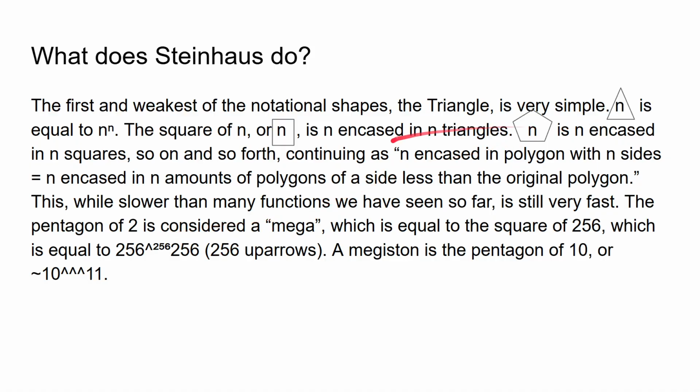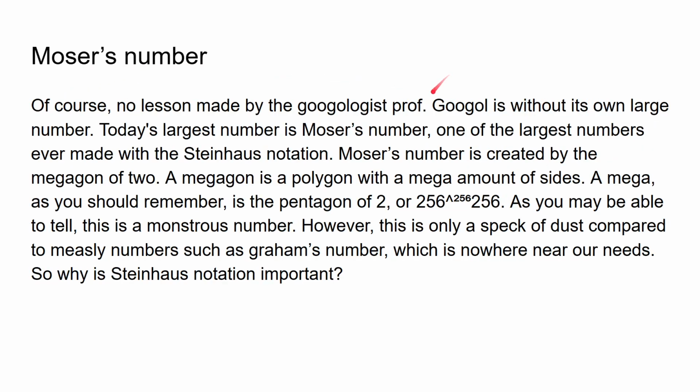The pentagon of 2 is 256, followed by 256 up arrows, followed by another 256. A megastin is the pentagon of 10, which is 10 quadrated to the 11, or 10 quadrated to the 12. It's in between those two. Yeah, so this is how Steinhaus notation works.